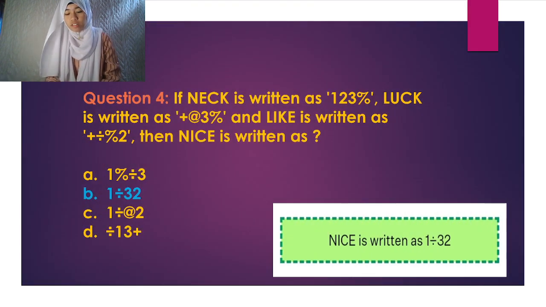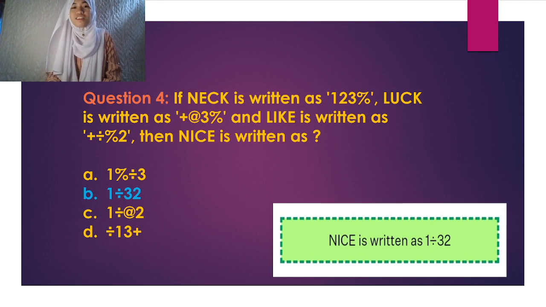So we have now question number 4. If neck is written as 1 to 3%, lock is written as plus at 3%, and like is written as plus divide percent 2, then nice is written as?